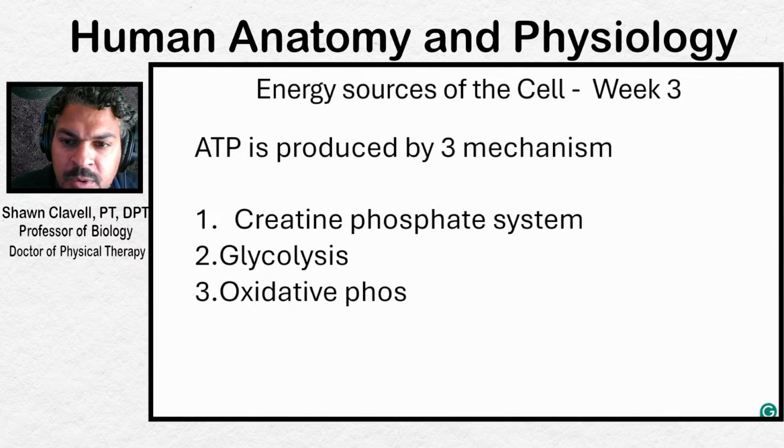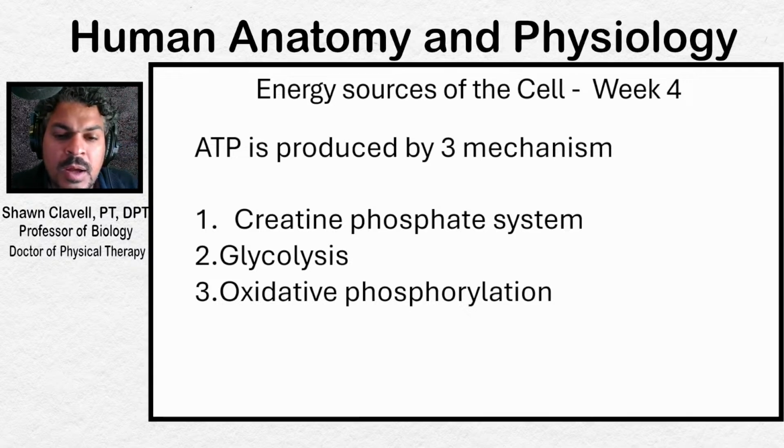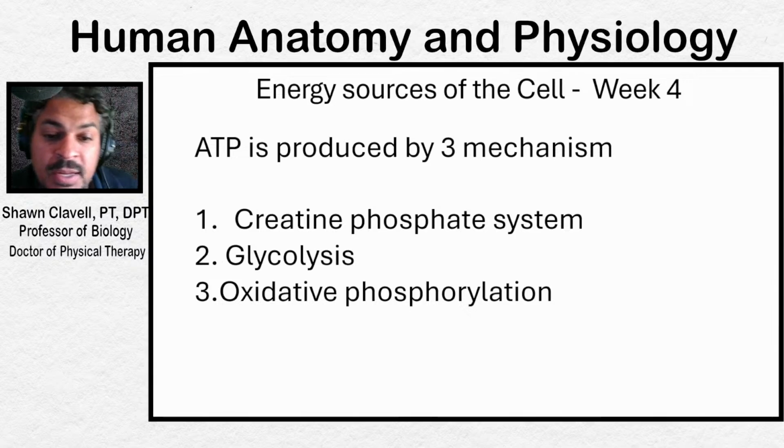So maybe this will be week 4. How is ATP created in the cell? Those are the big ones that we'll be talking about in week 4, as we look into next week, just focusing on these main topics to start.